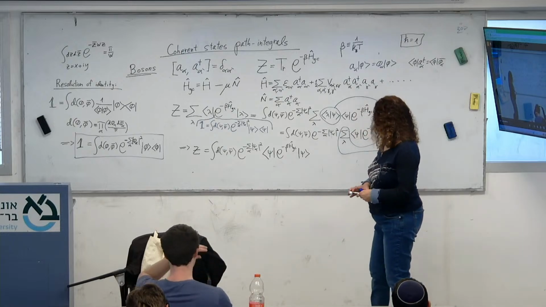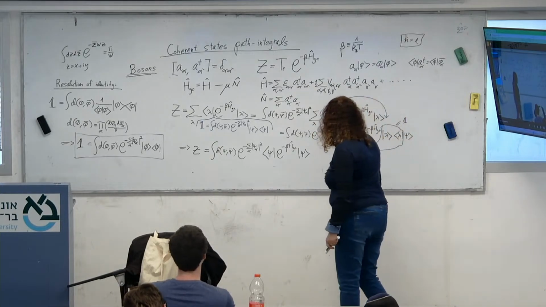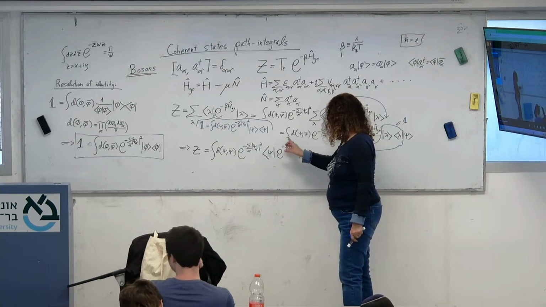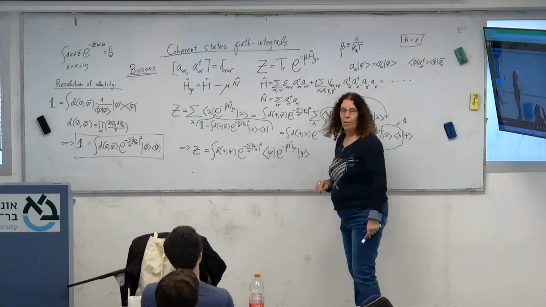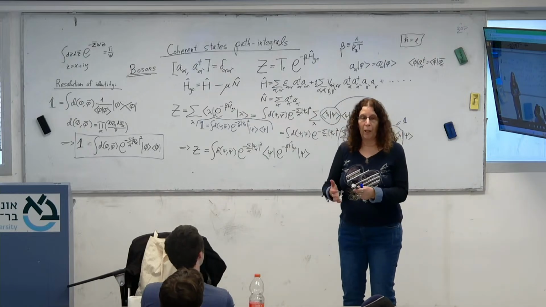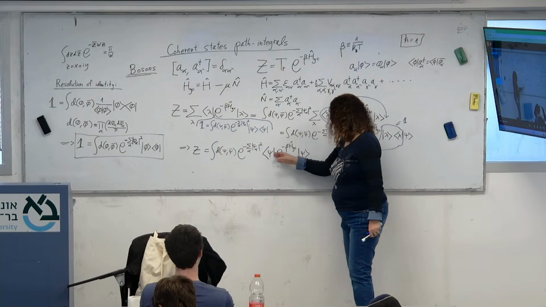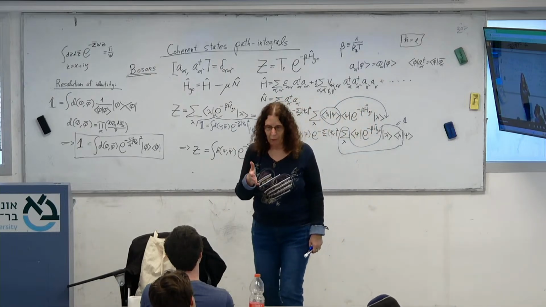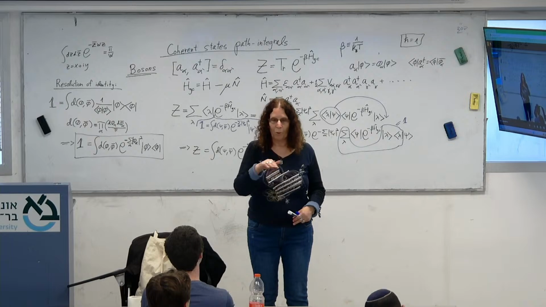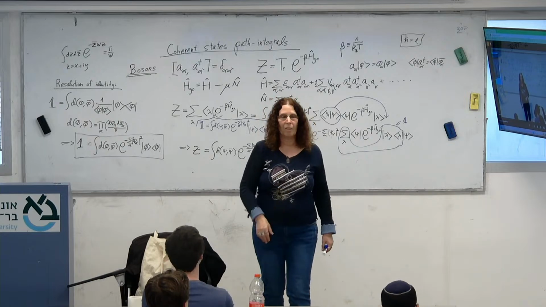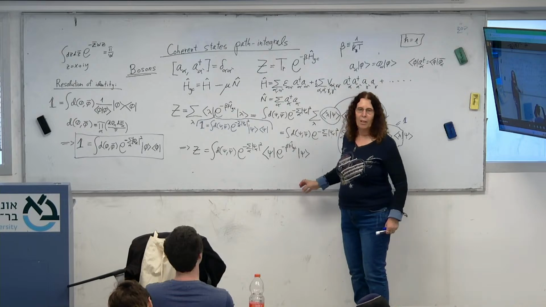Okay, so the advantage of this is that I'm going to take this matrix element and compute it, or bring it to a form that we can deal with, by playing the same game that we played for the path integral of a single particle, which is to divide the imaginary time axis into small slices, neglect the commutator at each step, and replace this by a product of many matrix elements.